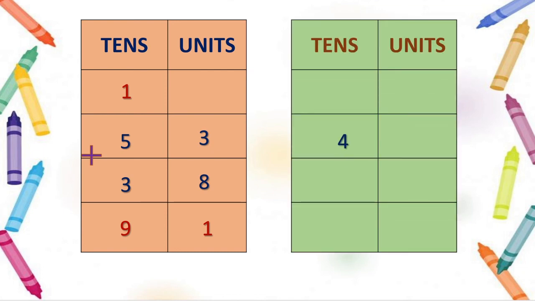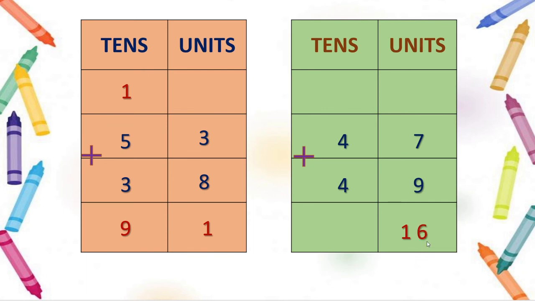Here 4 tens and 7 units plus 4 tens and 9 units. Let us add the numbers from the units column, that is 7 and 9. Yes, you can keep 9 in your mind and take 7 fingers to count. Very nice. 16.